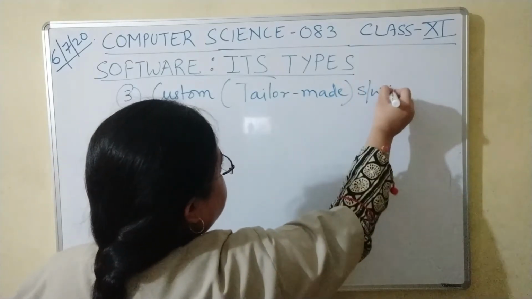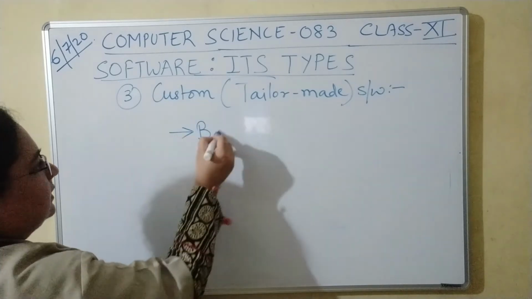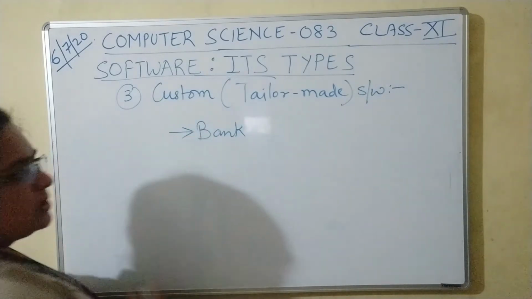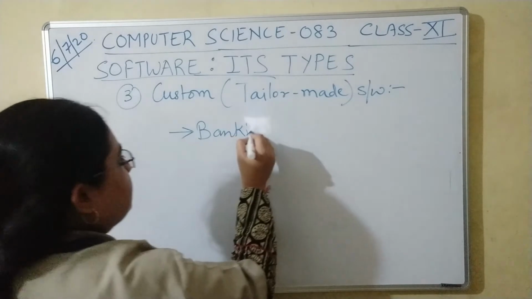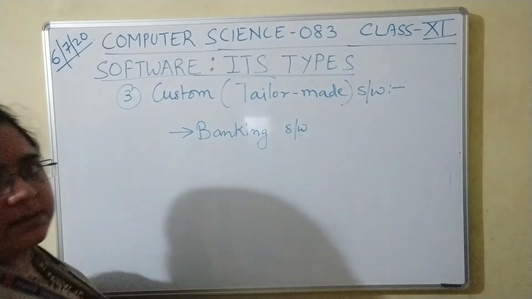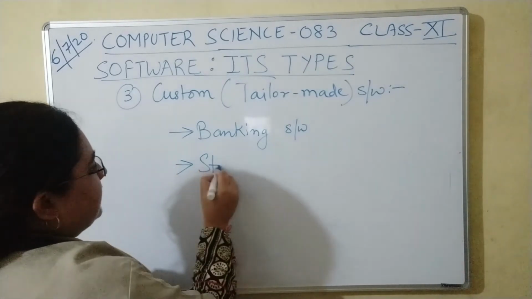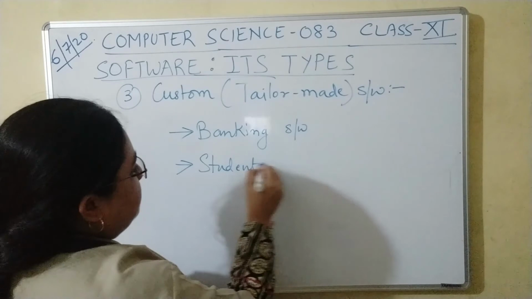Now, what are custom software, students? You might have seen that when you visit a bank, the bank employees are using a specialized software known as banking software or bank management system. In your school, they are using a student management software or a student management system.